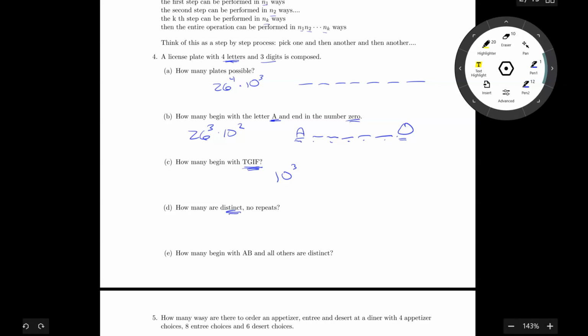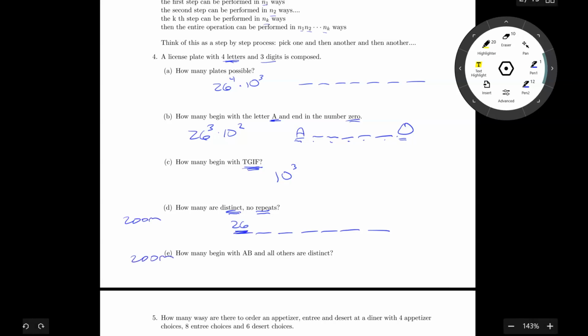All right, so then we get to a little more challenging one. So distinct, no repeats. No repeats. So that means 1, 2, 3, 4, 5, 6, 7. So if I have 26 choices for the first letter, then I'm going to let you figure this one out on your own. So think about the number of choices.